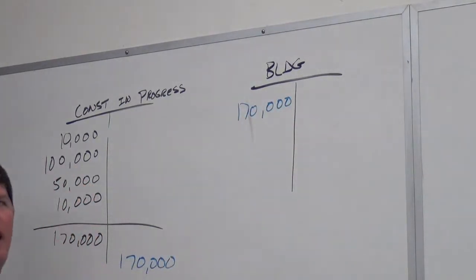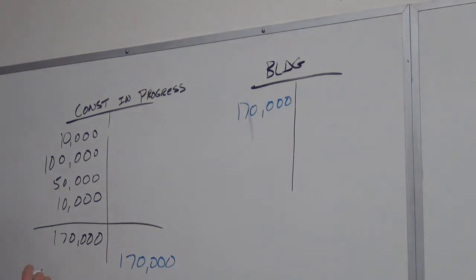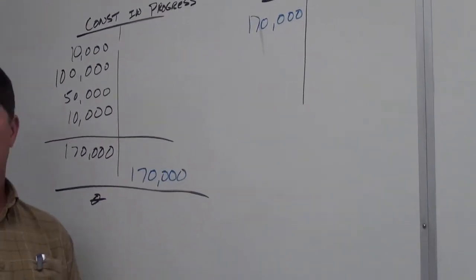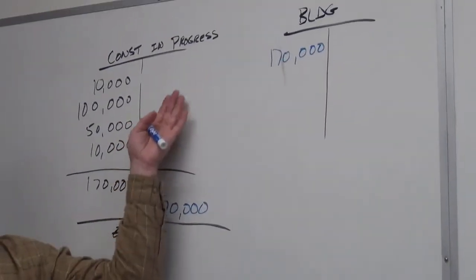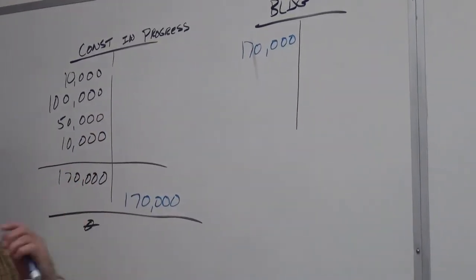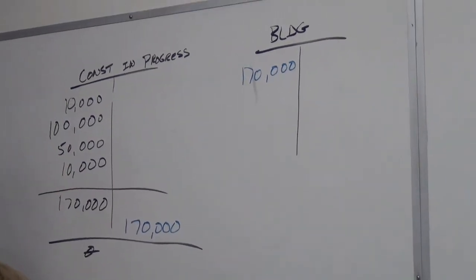And you're going to debit that. So now you've capitalized it, and the ending balance of your construction in progress account is zero. Hence the reason why I called it a temporary account, even though it could be there 2, 3, 4 years.